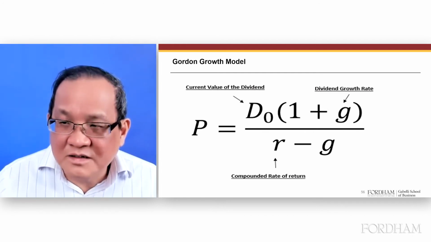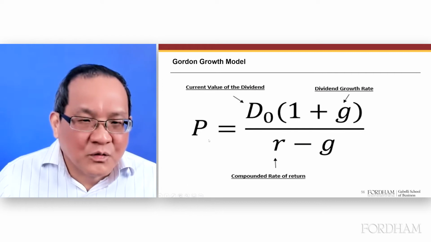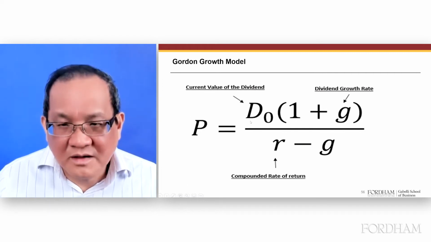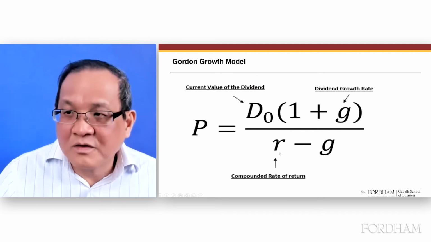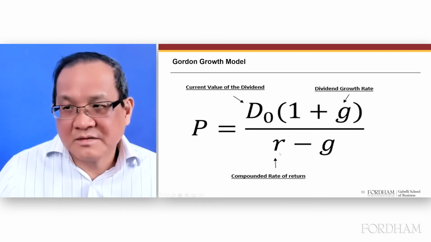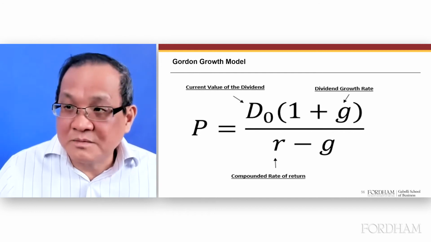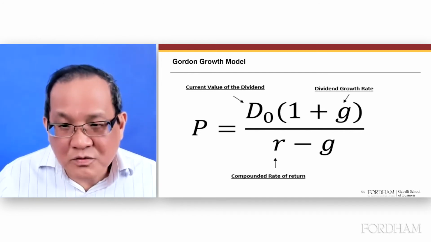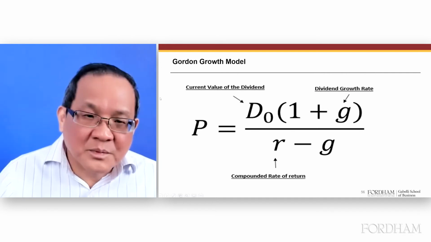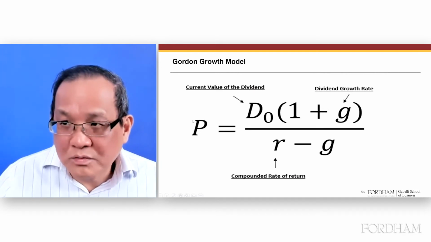Instead of forecasting the fair value, we say, given this price, what is the market expecting for the discount rate? And does that discount rate look reasonable? Is it too high? Is it too low? Because if it's too high, then the price is too low, right?